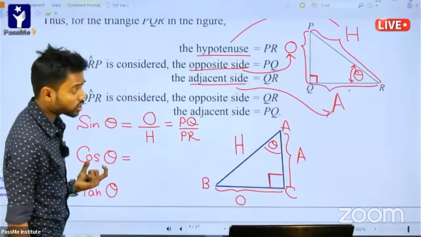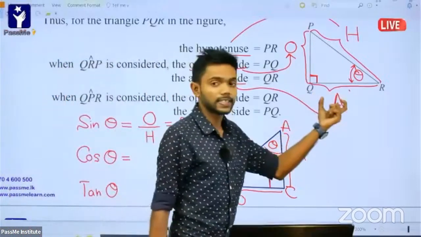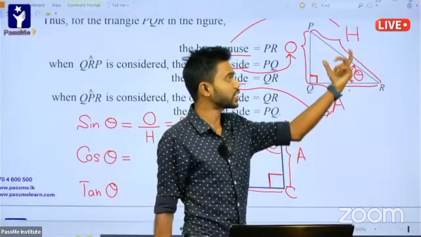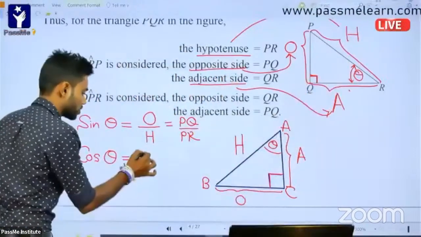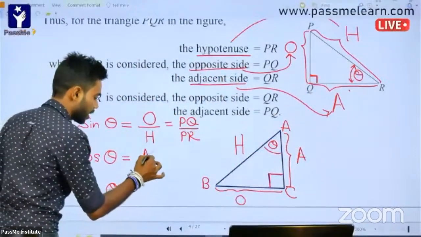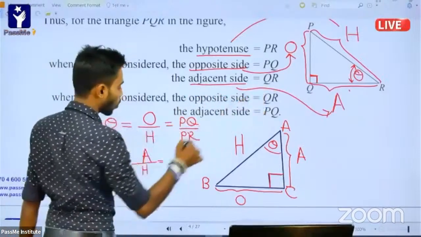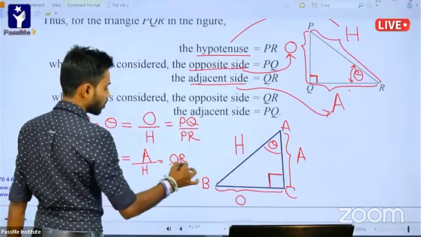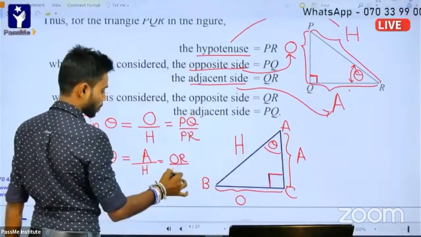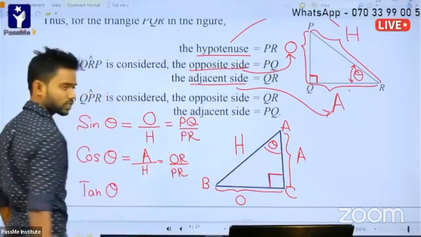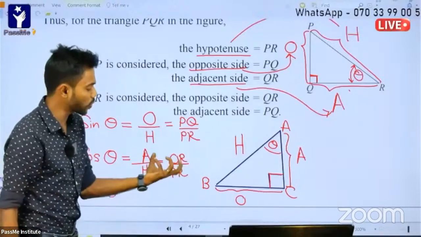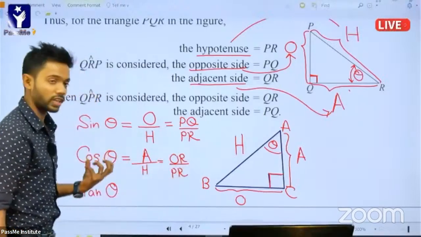So the cos theta is defined as the adjacent side divided by the hypotenuse. Adjacent side here, A, divided by the hypotenuse. So here the adjacent side is QR divided by PR, the hypotenuse. Now if you know these two, you can calculate the cos theta.